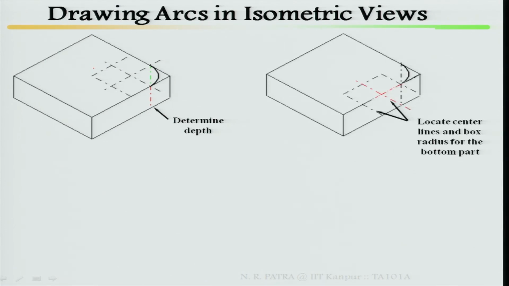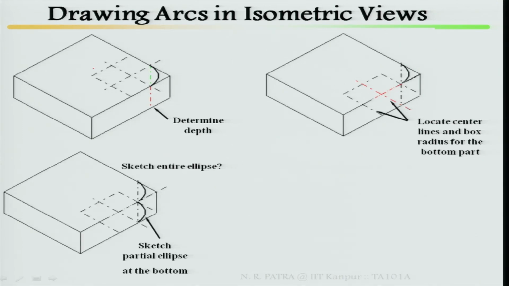Then similarly locate the center line and box radius for the bottom part. For the top part also you locate the center line and radius, and for the bottom part also. Then sketch the ellipse for the top part and the ellipse for the bottom part.